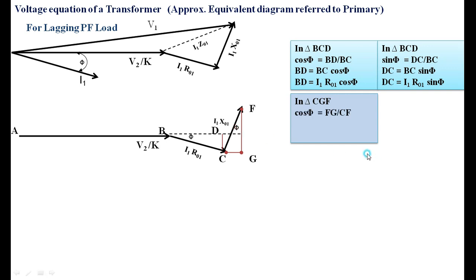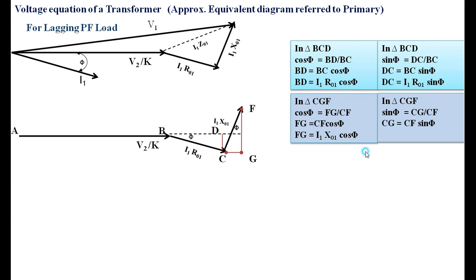So FG, the Y component, is I1 X01 cos phi, and the X component, CG, is I1 X01 sin phi. These are the X and Y components of I1 X01. I am resolving I1 R01 and I1 X01 into their X and Y components so that I get the total value of V1.